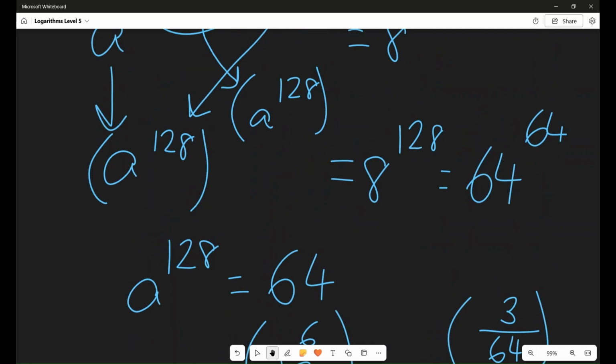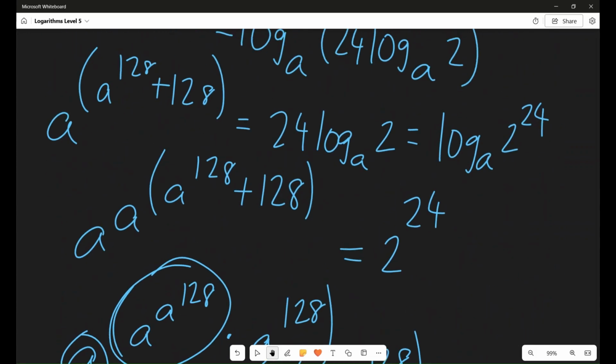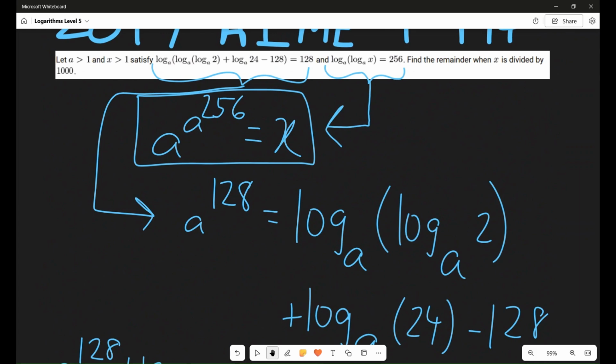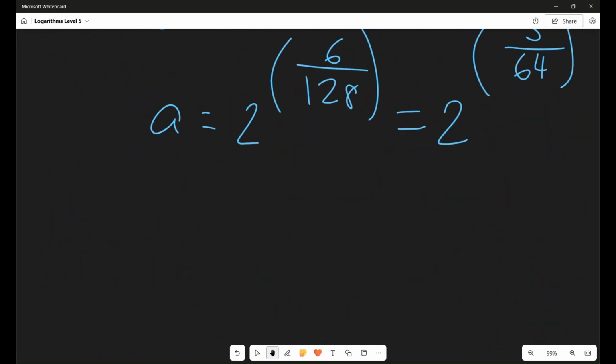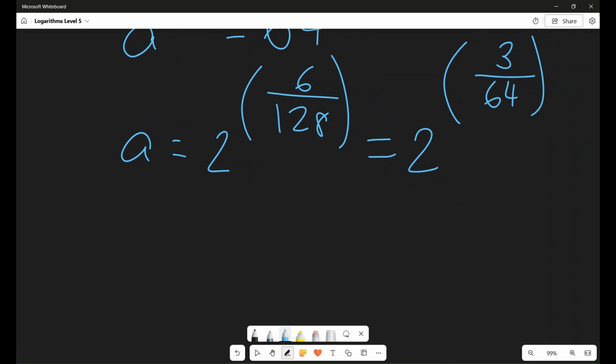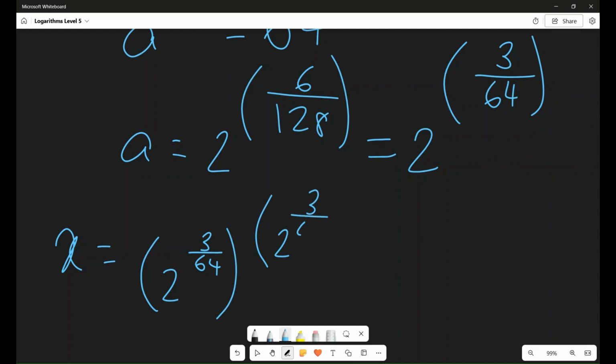Now, in the very beginning of the problem, we found that x is equal to a to the power of a to the power of 256, and this is where we use that fact. So now we can plug in our value of a, and we get that x is equal to 2 to the power of 3 over 64 to the power of 2 to the power of 3 over 64 to the power of 256.